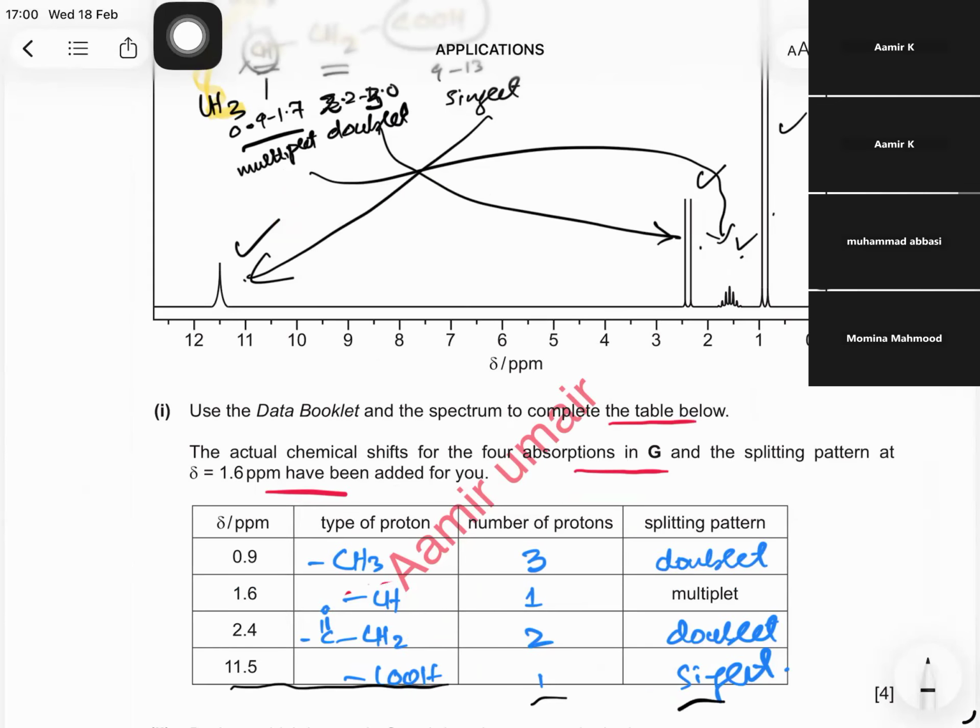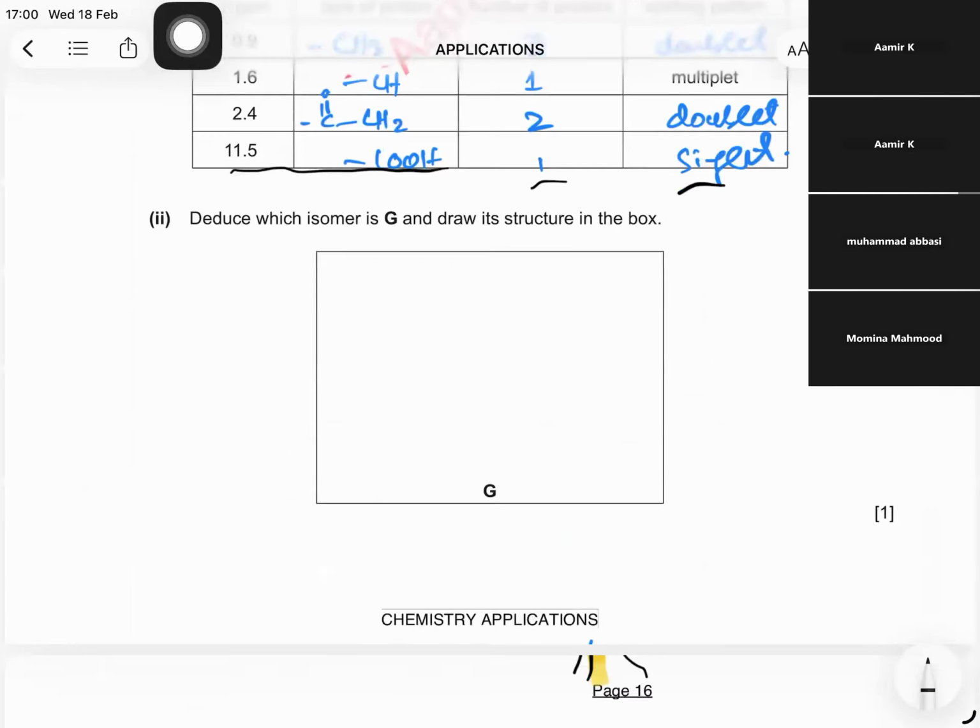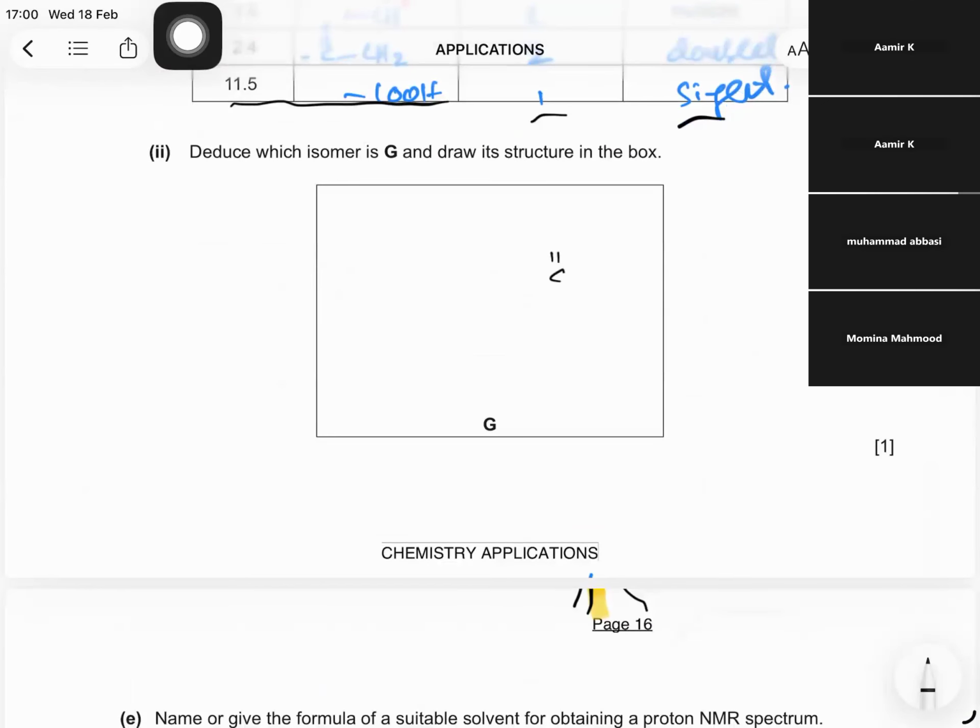Okay, next. So we have to draw the structure of G here. So it is C double bond O OH, and then CH2, and then CH, and then CH3. Here it is CH3. Clear? Okay, next.